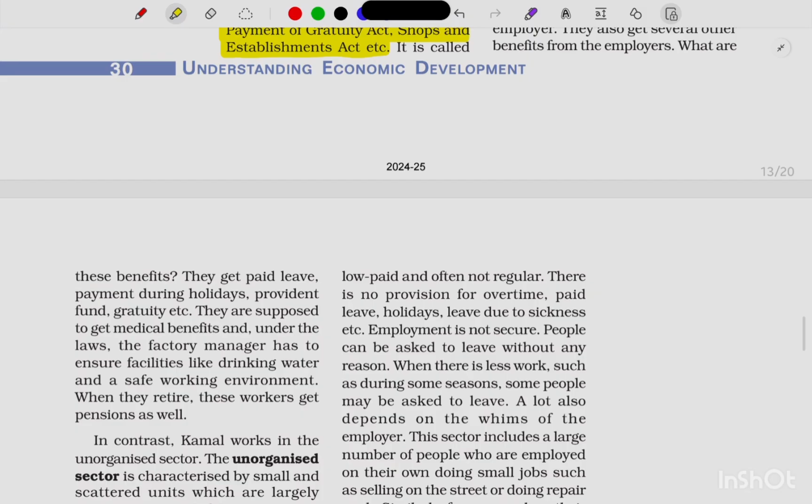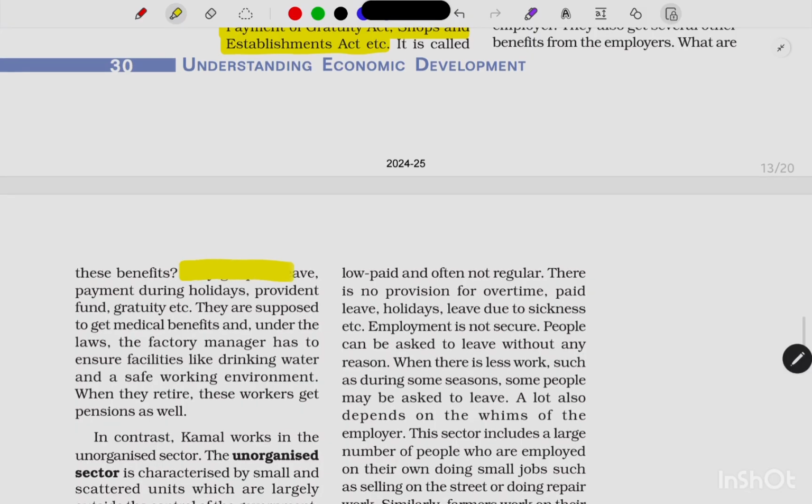What are these benefits? They get paid leaves, payment during holidays, provident fund, gratuity, pension and whatever. They are supposed to get medical benefits under the laws.